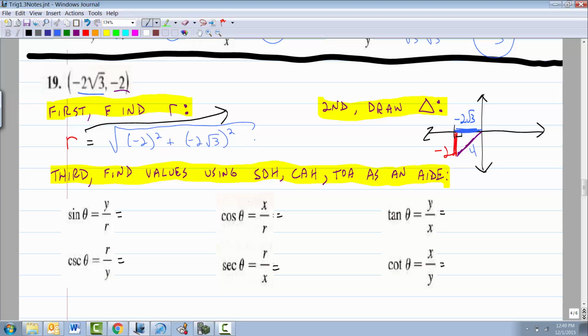But a negative squared is always a what? What's negative 2 squared? 4. But what's root 3 squared? 4 times 3 is? What's 12 plus 4? What's the square root of 16? 4. So that's how you get 4. Just showed you.